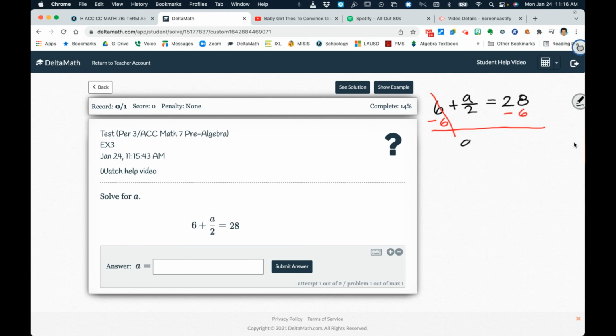Bring down the a over 2. 28 and negative 6 is 22. Since it's dividing by 2, I'm going to multiply by 2 on both sides. And we get 44.